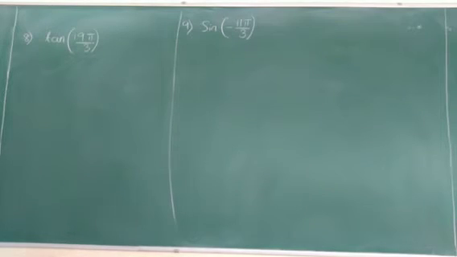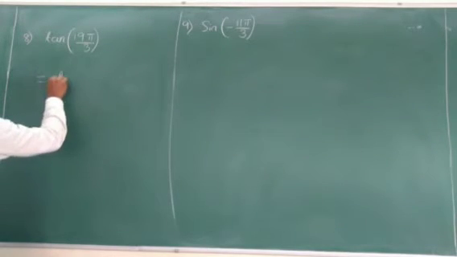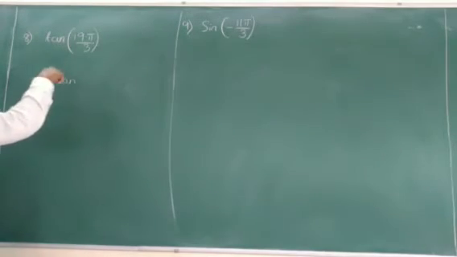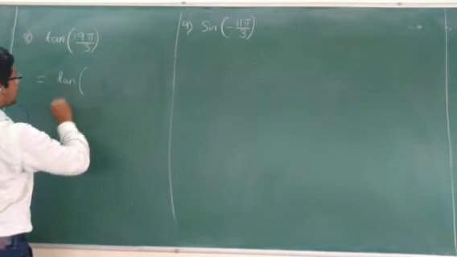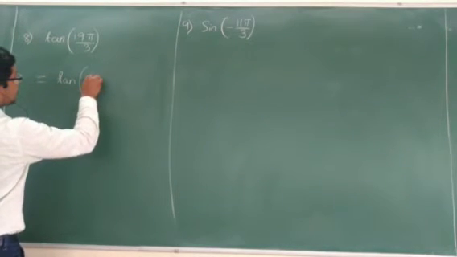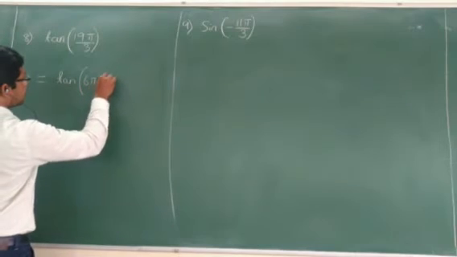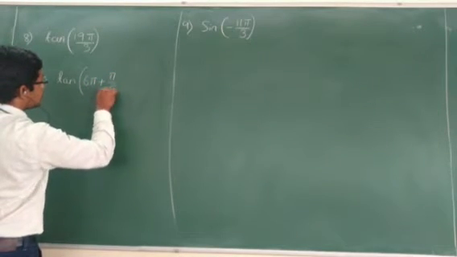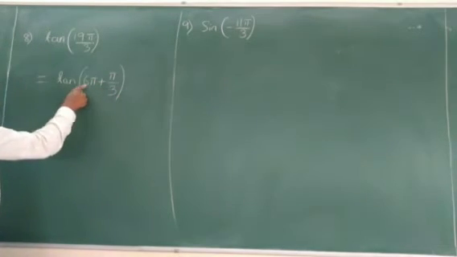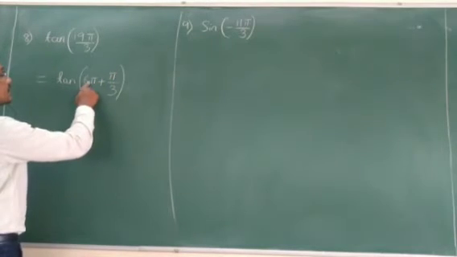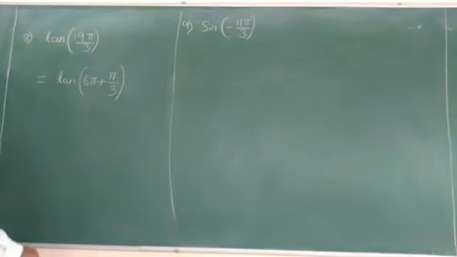Okay, let's take the next question. Tan of 19 pi by 3. This can be written as, again if you take the mixed fraction, tan of 6 pi plus pi by 3. 3 into 6, 18 pi plus pi, you get 19 pi by 3.